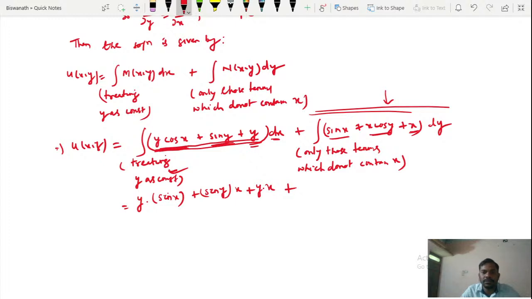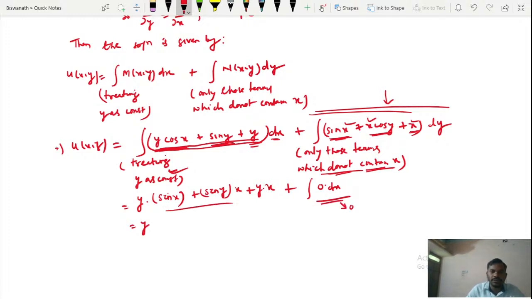All these terms contain x, so I can write only 0 into dx, because in every term there is an x. So I have to integrate only those terms which do not contain x, so only 0 will be left. So the integration of 0 gives you 0, and only the first part is left.